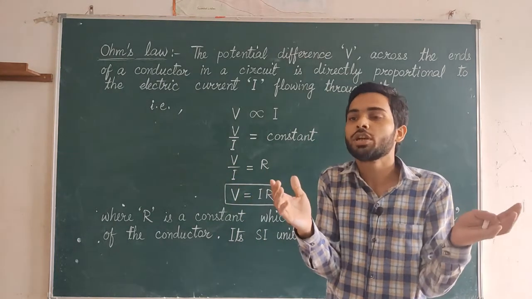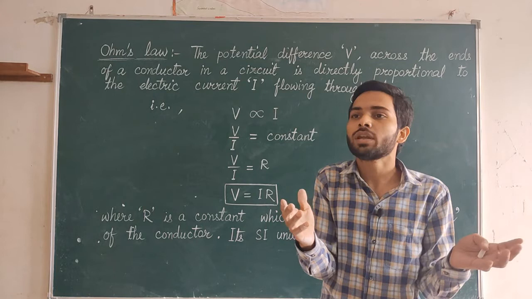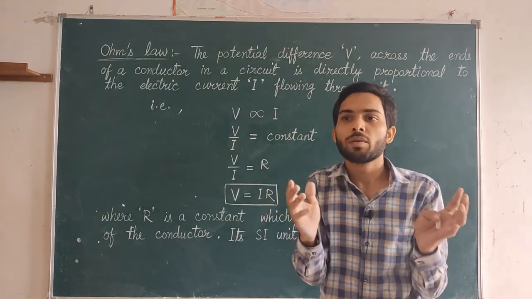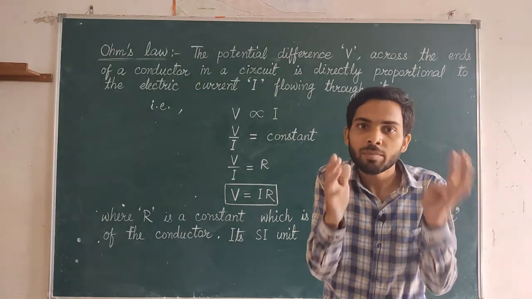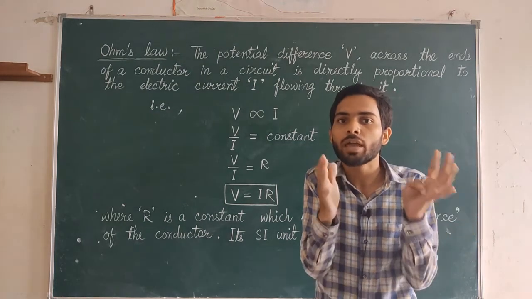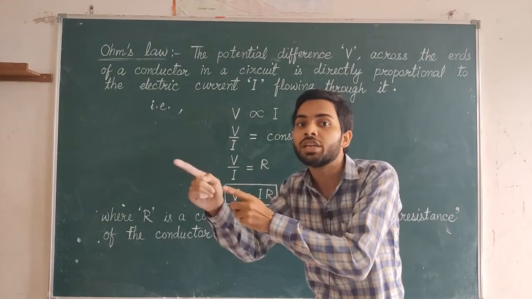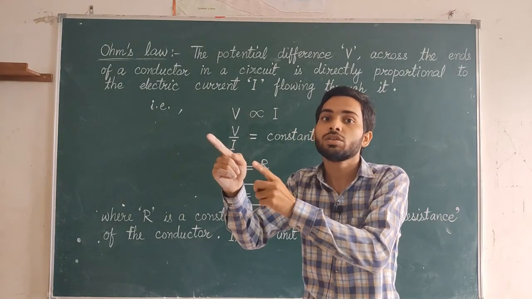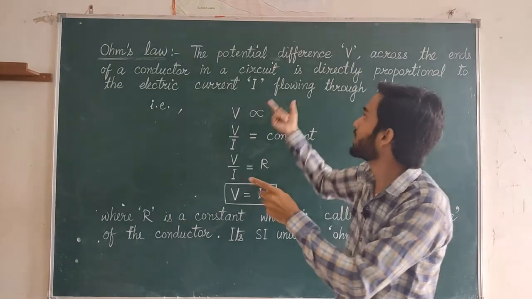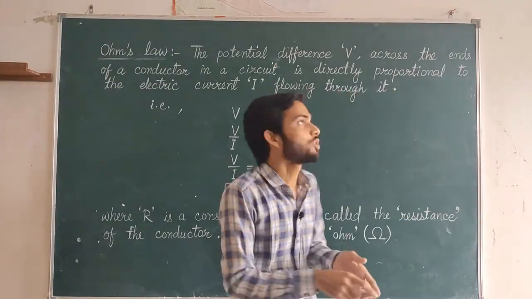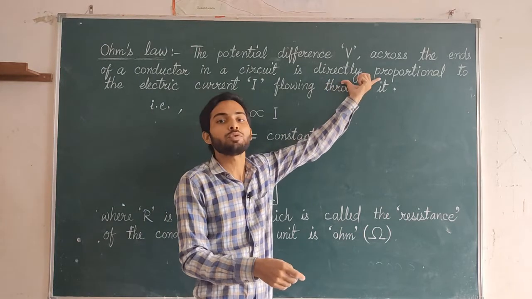How much potential difference is applied in that circuit, there will be a corresponding amount of current flowing. So if I am increasing the voltage, or the potential difference, the amount of current will also increase. This is what you studied about direct proportionality. What does the term directly proportional tell us?